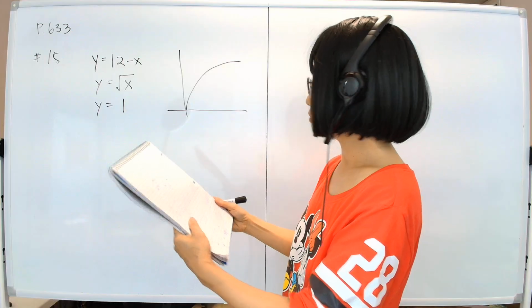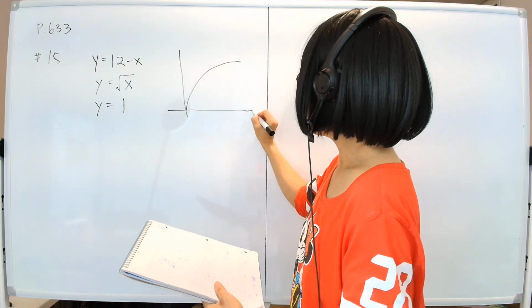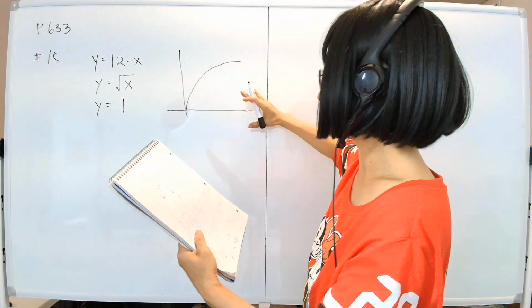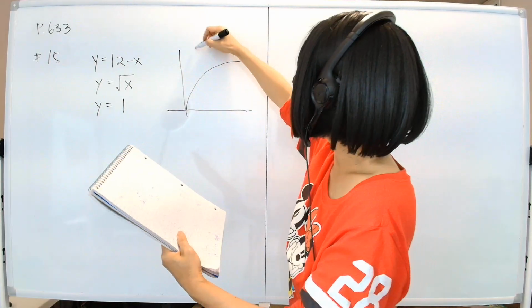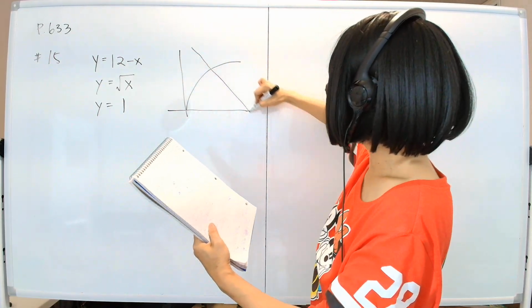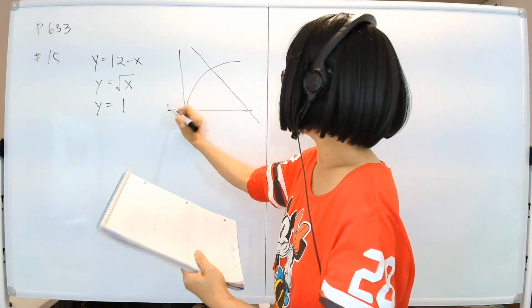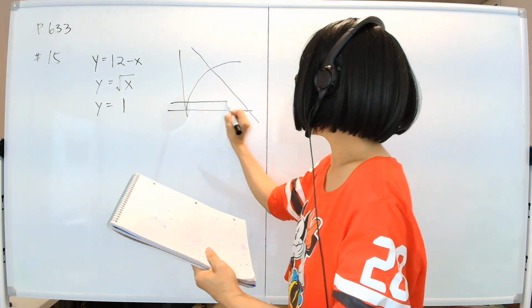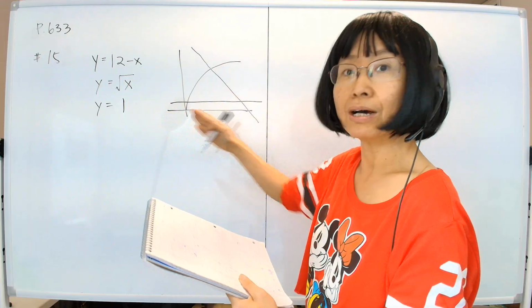The y equal to 12 minus x is a line going down, has negative slope, so it slopes down this way. So we'll draw it something like that. And then the third line is just y equal to 1, which is a horizontal line. Y stays at 1 for any x.